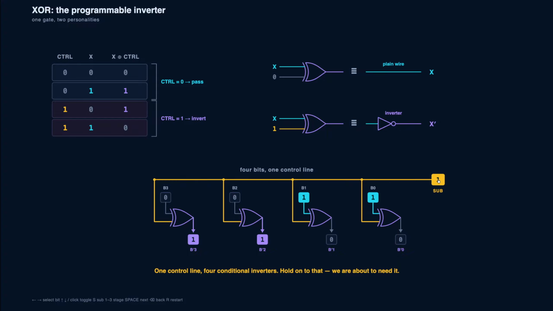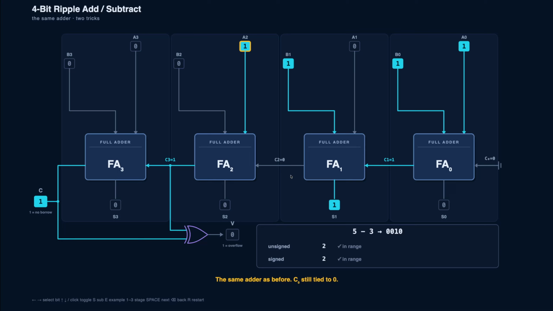If I put the sub line equal to 1, notice what happens. I have 0, 0, 1, 1, and now it's inverted to give me 1, 1, 0, 0. So no inversion, or inversion, by this control line. That is helpful, so now we can go to the next step.